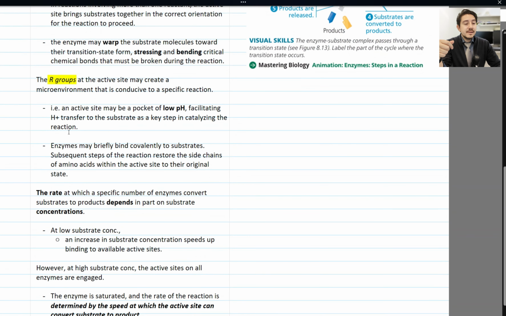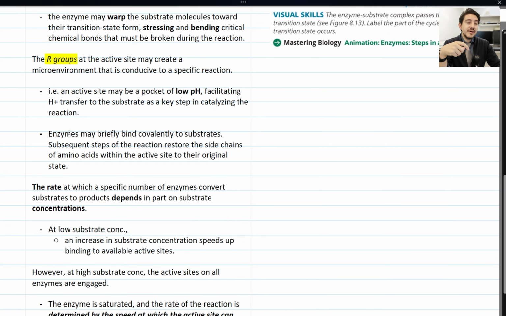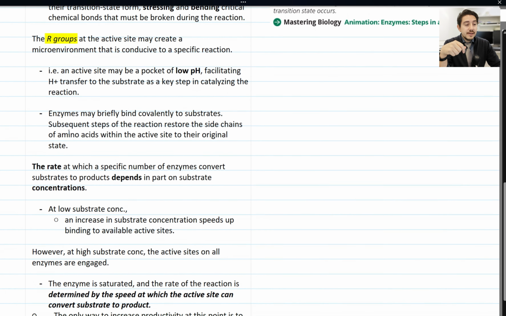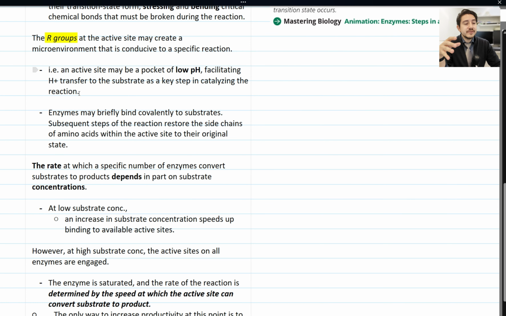And again, what enables this is R groups. Now, the sensitivity of enzymes to the environment is very important. We're going to see that in a little bit. But active sites can have their little microenvironments. You can have areas of low pH, and that low pH can enable hydrogen ions to transfer to the substrates, which will help hydrolysis, or just catalyzing the reaction.